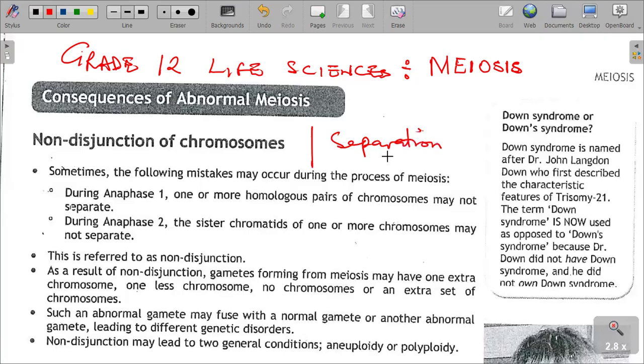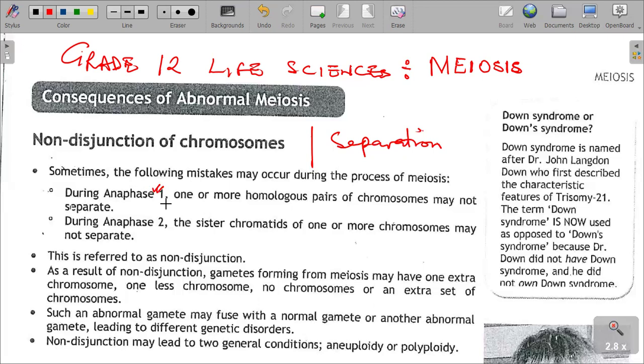Sometimes the following mistakes may occur during meiosis. During anaphase 1, one or more homologous pairs of chromosomes may not separate, and understand that it occurs in anaphase 1.